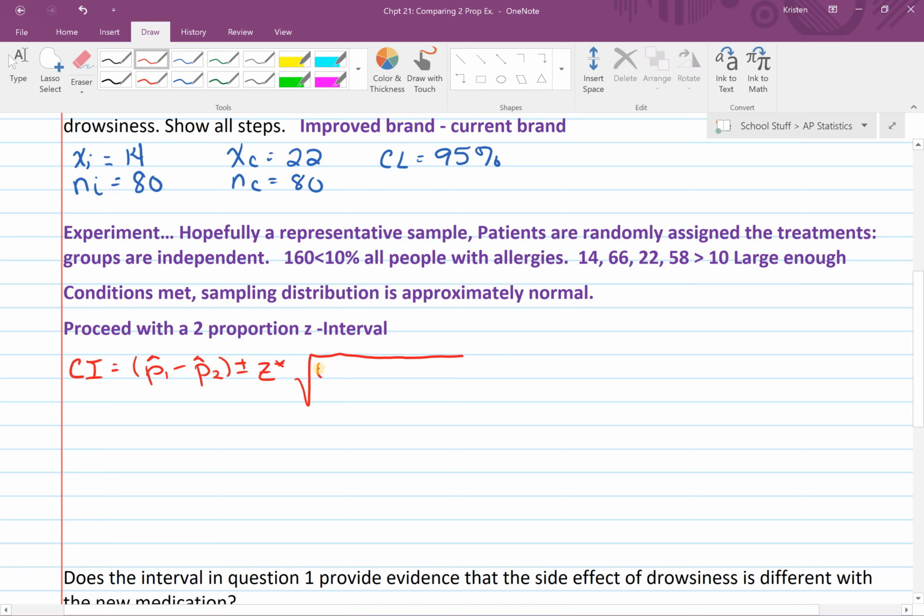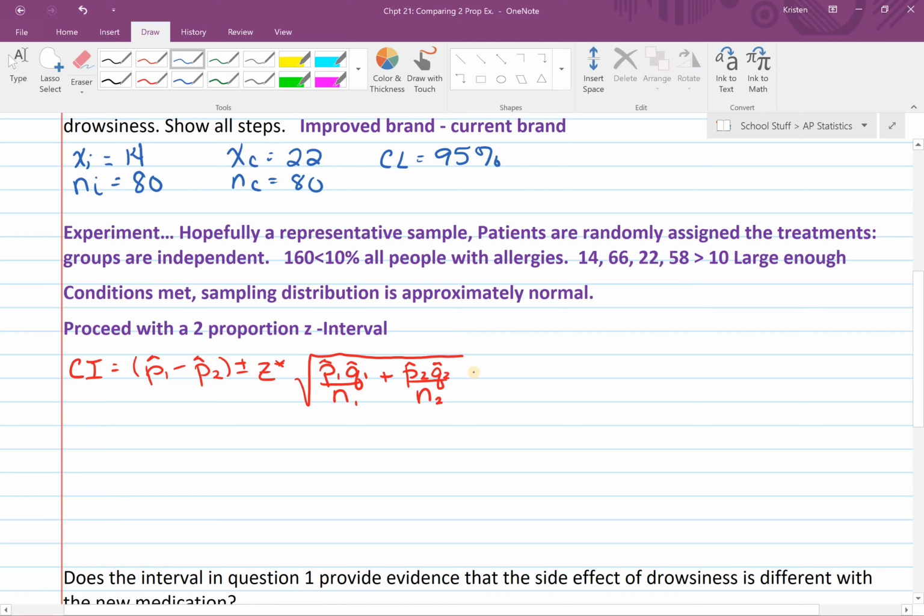Up on top, we do our p hat 1, success from the first group, failure from the first group, size of the first group, always plus success of the second group, failure of the second group, size of the second group. You don't need to write that formula down if you list every single aspect up here. I didn't list what p hat 1, p hat 2, z star were, so putting this in here is very helpful.